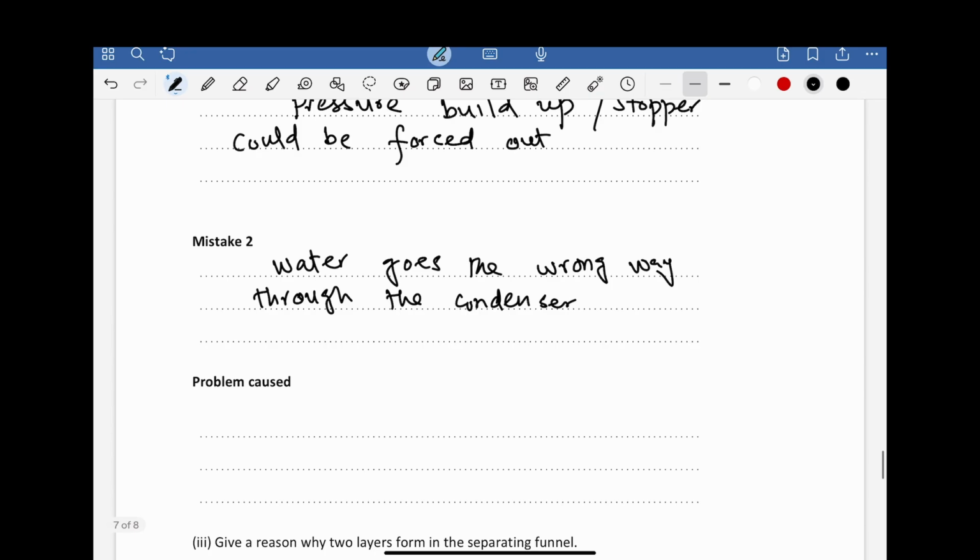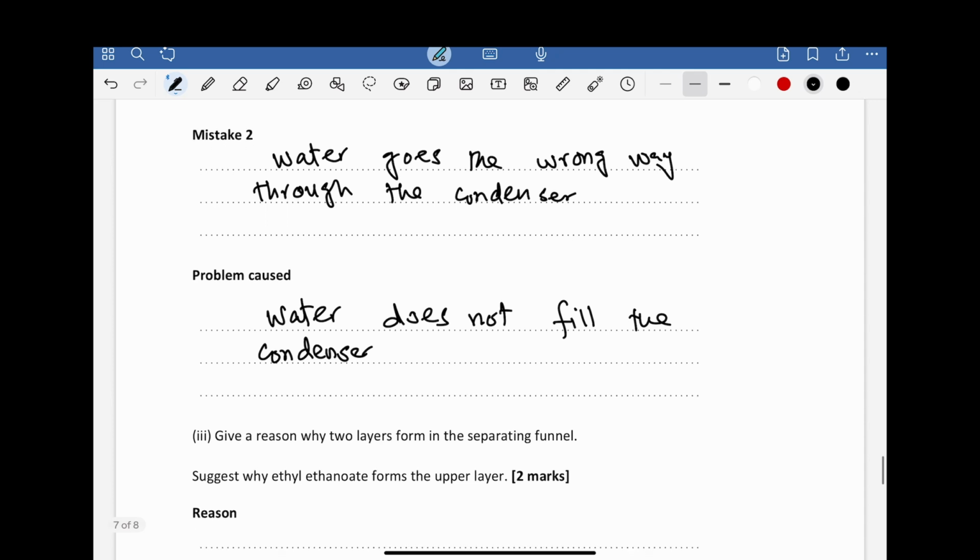So the problem is the water doesn't fill the condenser, so the condenser will not be cool enough.